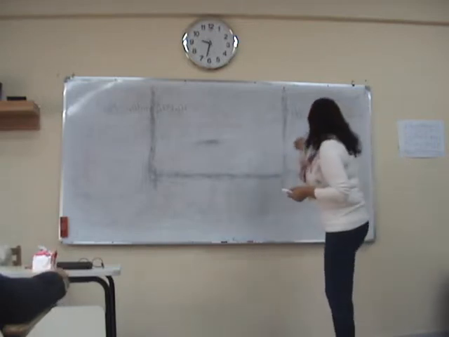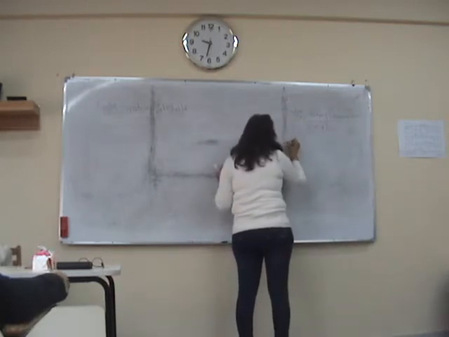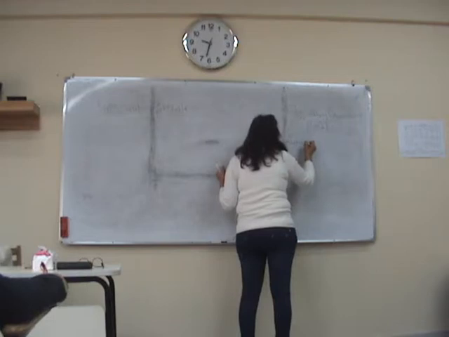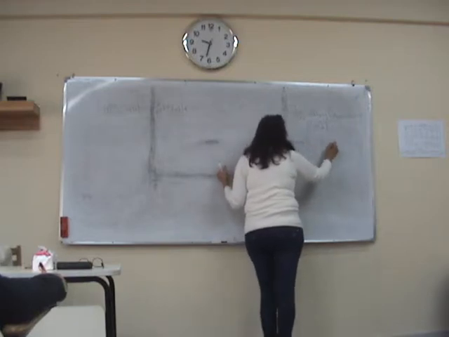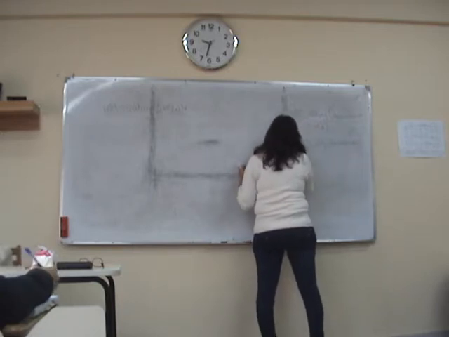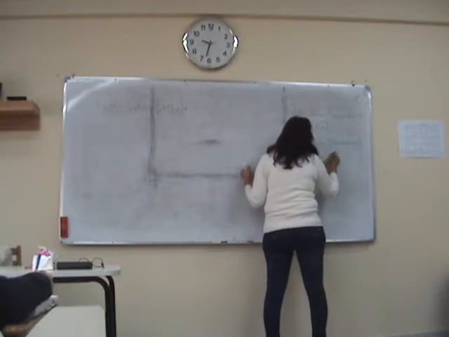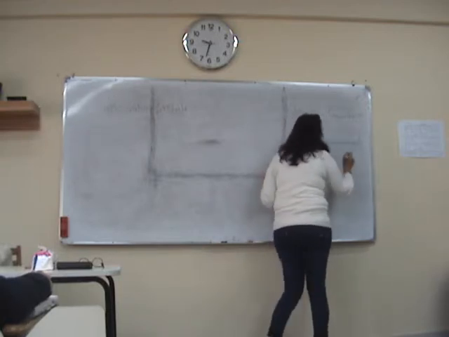Okay? A respiratory quotient is a ratio between the volume of carbon dioxide produced over the volume of oxygen used per unit time.